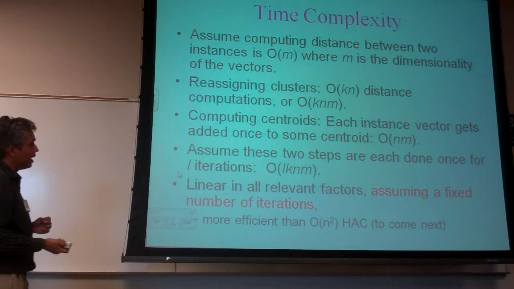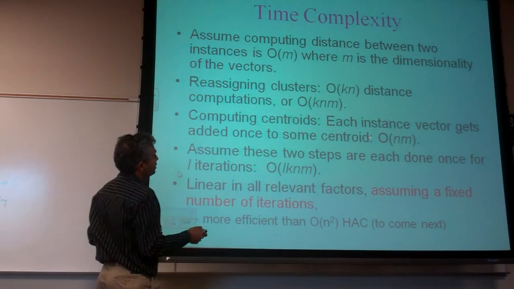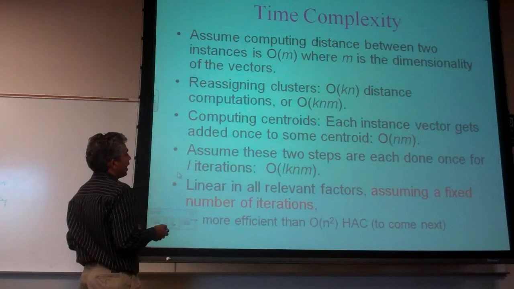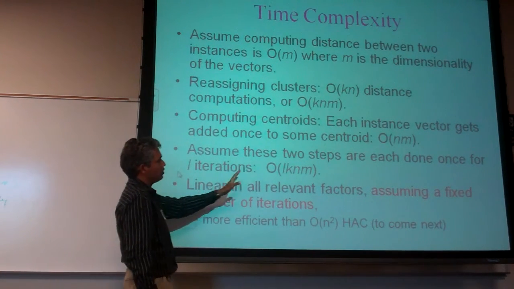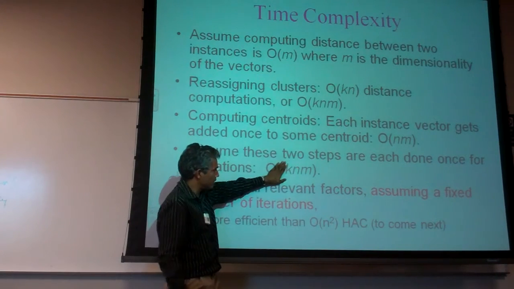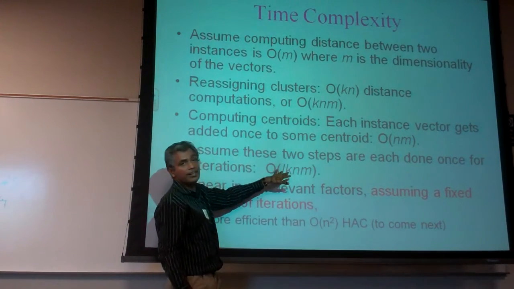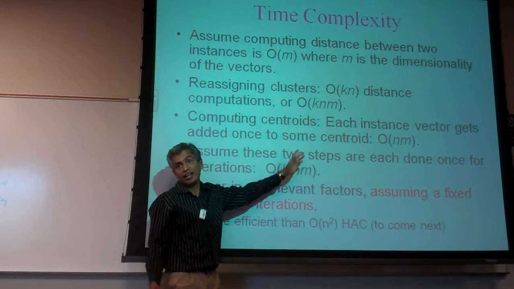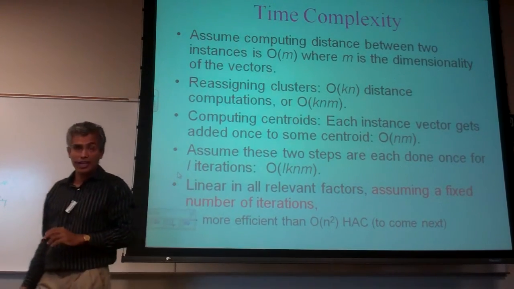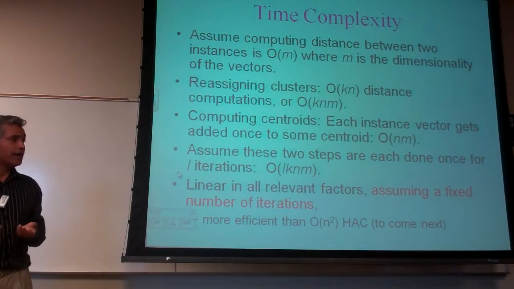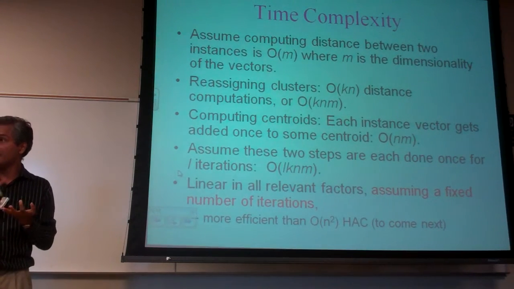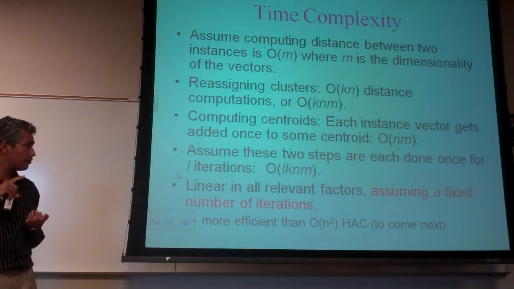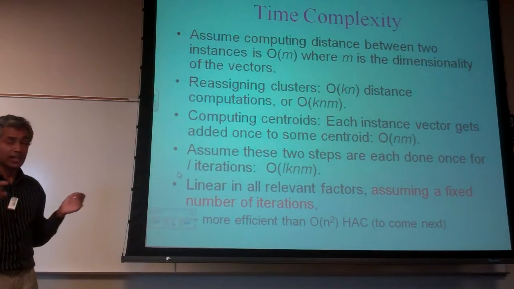Okay, and computing the centroids is again O(nm), and assuming these steps are done once for each iteration, for each iteration it's k n m, and the number of iterations is I, so I k n m. Okay, so that's basically what K-means does for you. It is linear in the number of iterations, linear in the number of data points, linear in the number of clusters.